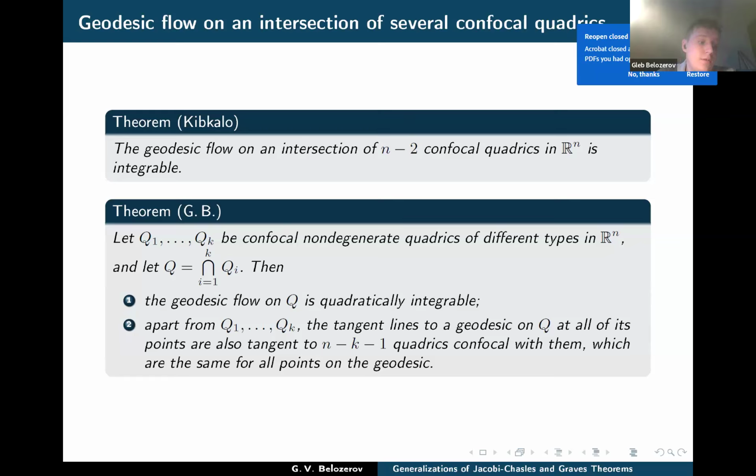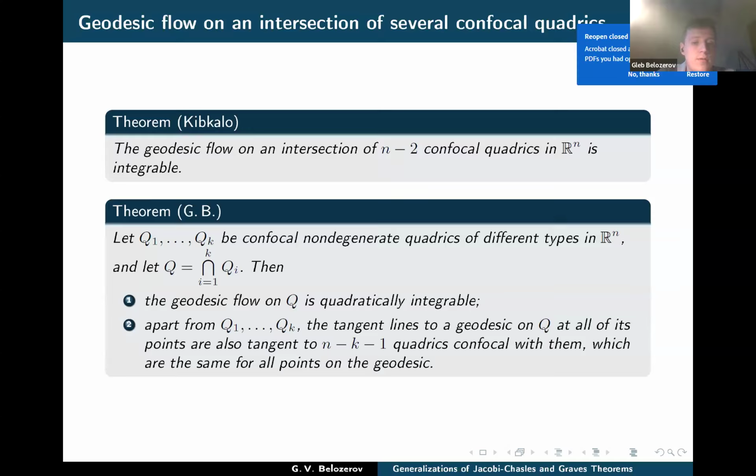But it turned out that this fact is also true for an arbitrary intersection of several confocal quadrics. More precisely, let Q1, ..., Qk be confocal non-degenerate quadrics of different types in Euclidean R^n, and Q be the intersection of these quadrics.